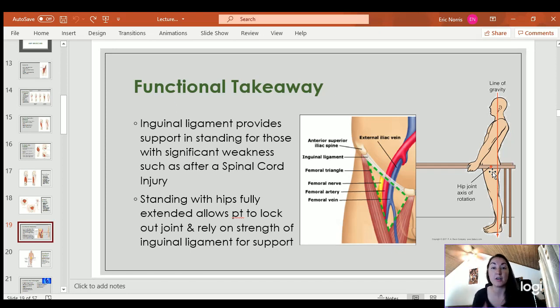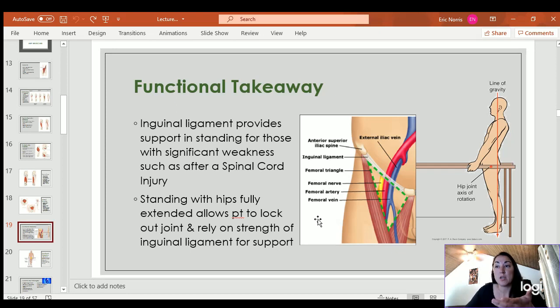So if you're very weak, like somebody with muscular dystrophy, or someone who's recently had a spinal cord injury and they have a lot of leg weakness, rather than requiring all this work from your muscles to stand up, you can lock out your hip by getting the inguinal ligament at its tightest point and have more stability in standing and not require so much from your leg muscles.